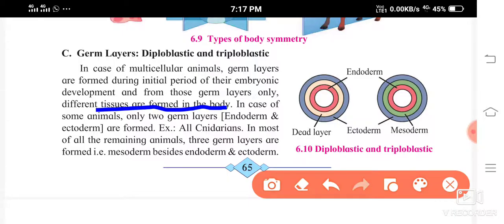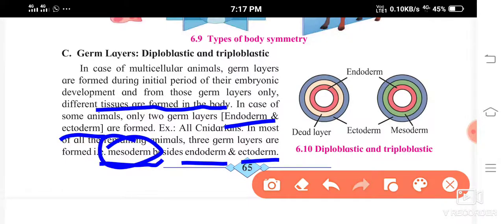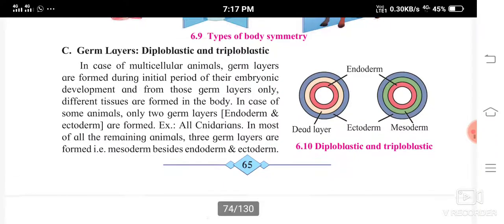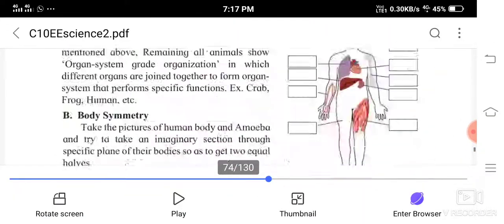In case of some animals, only two germ layers are there, endoderm and ectoderm. Example, cnidarians. In most of all the remaining animals, three germ layers are formed: besides ectoderm and endoderm, the mesoderm. So in between ectoderm and endoderm, you find the middle layer, that is the mesoderm.